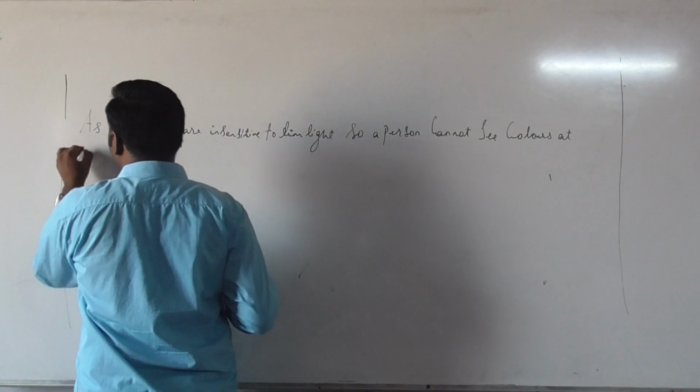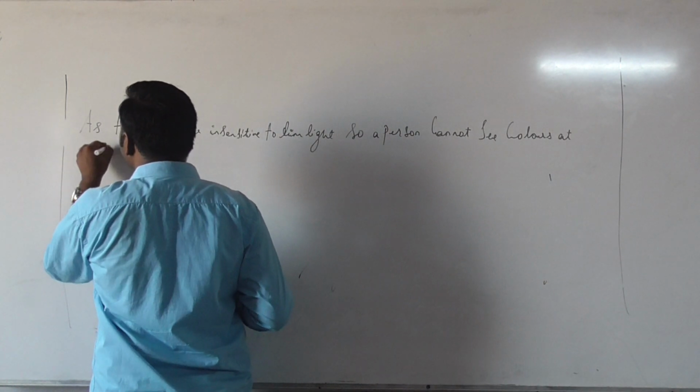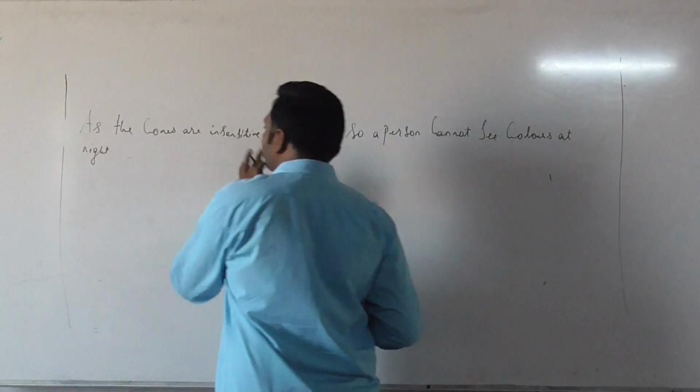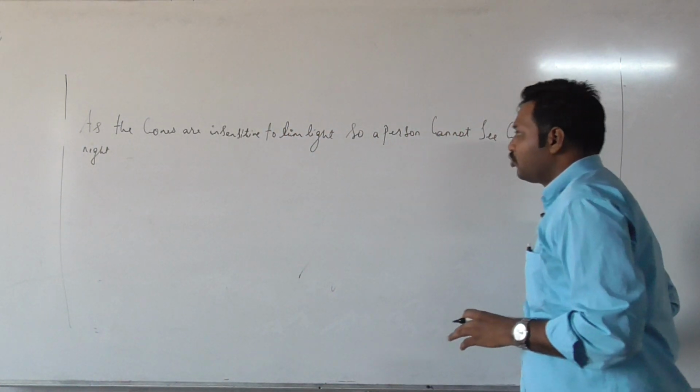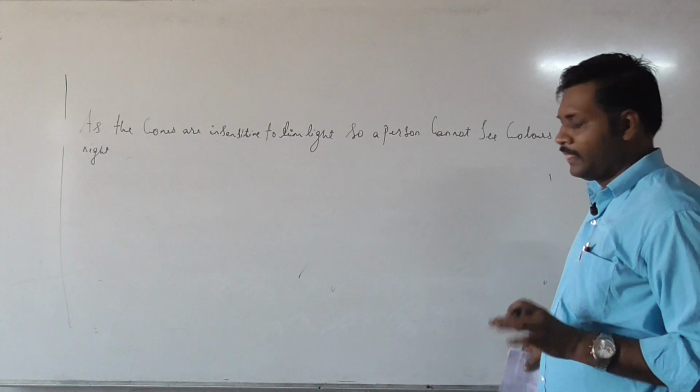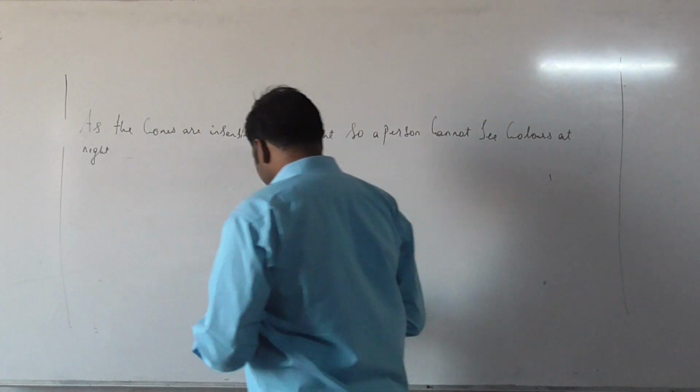So in the night we are unable to see the colors. Why? Because the cones are insensitive to dim light. Okay, fine. So this is what about the cones.